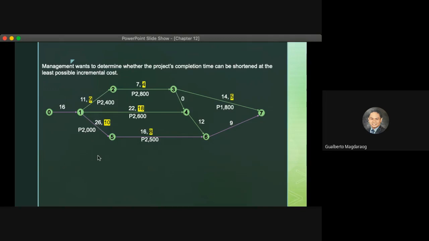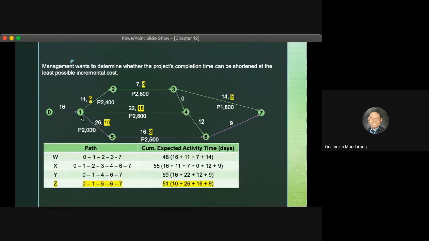Okay? So we will crash 1 to 5. If we do that, from 26, it will become 10. It will be shortened to 10. So therefore, the entire amount of time to finish the path 0, 1, 5, 6, and 7 will become 51.